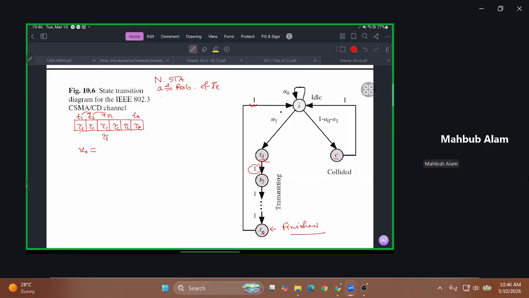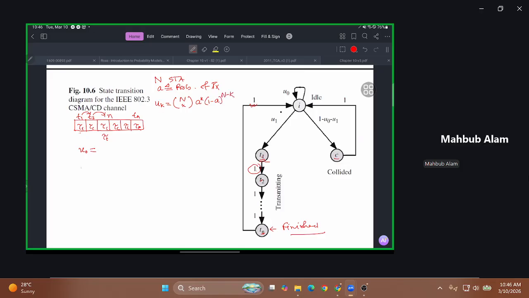So the probability that k stations are simultaneously transmitting is binomially distributed: n choose k, a to the power k, (1 minus a) to the power n minus k.